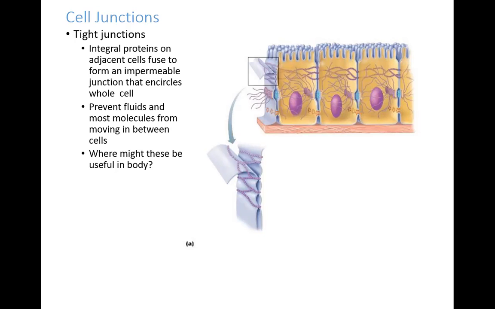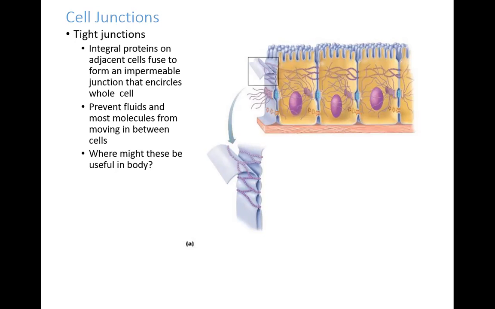It's almost like they are stitched together on a sewing machine. You can see it almost looks like stitching down here. It's almost like it's sewn together, where the protein from one side goes through the first cell membrane into the second cell membrane and is fastened off. So it goes back and forth like that.